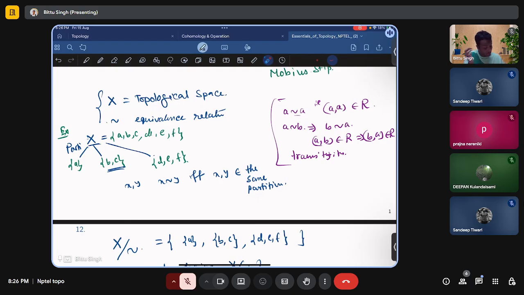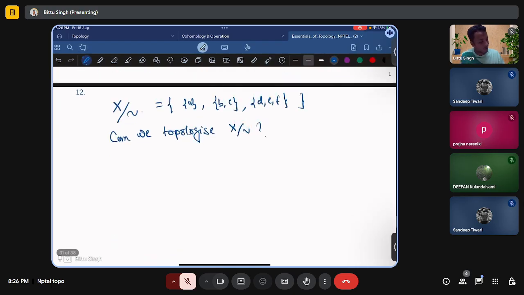Okay, so there is a way. Let me again draw that picture. So 0 and 1, those two points are identified. I am taking the topological space I, and I am identifying by the relation only 0 and 1. All those other points are singleton sets.